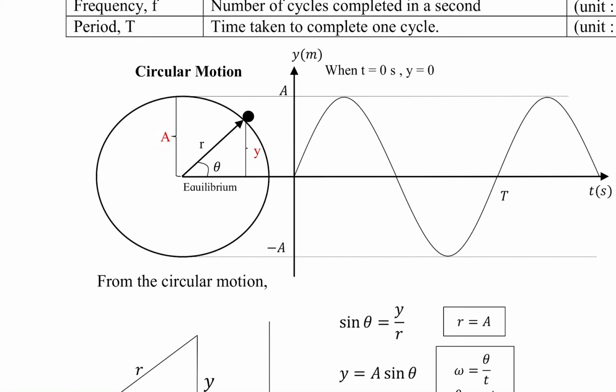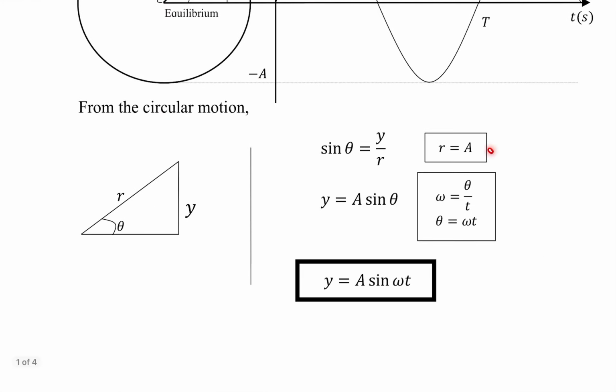So paling jauh dia boleh pergi, jarak dia adalah A, which is sama dengan radius. So r sama dengan A, and we get y equal to A sin theta. Omega equals theta over t, so theta equals omega t. Therefore we get the displacement equation y equal to A sin omega t.